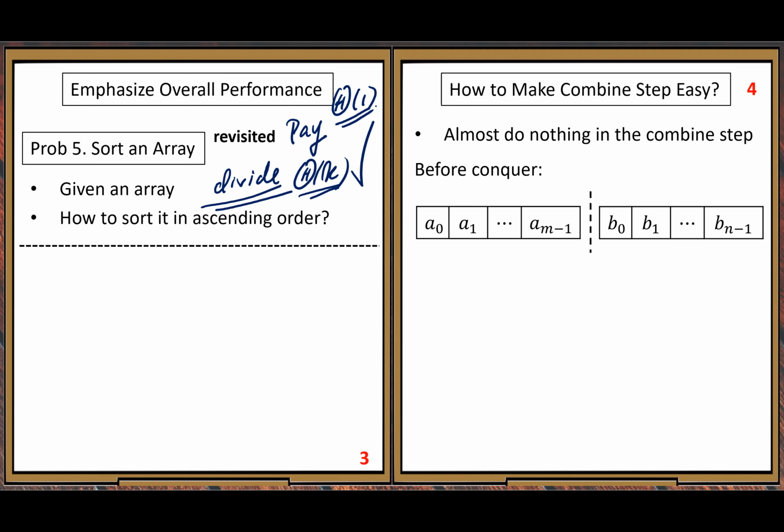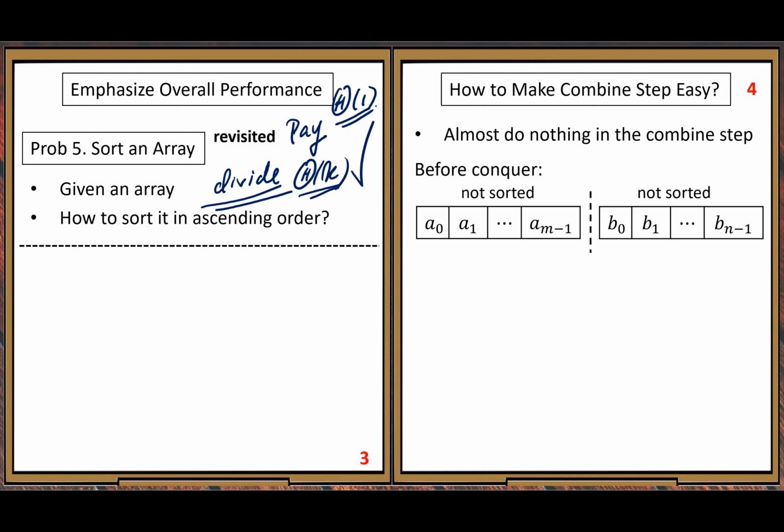Before conquer, each one is not sorted, so you should not combine them. You need to conquer, to sort each subarray first. Then you can combine them.